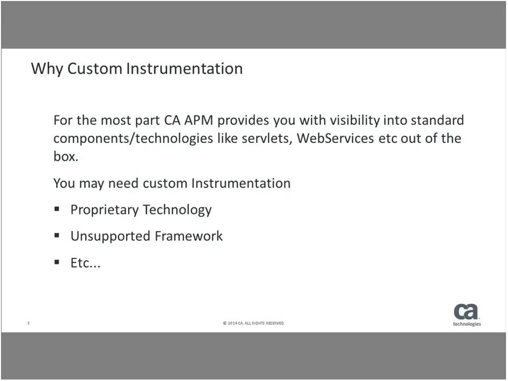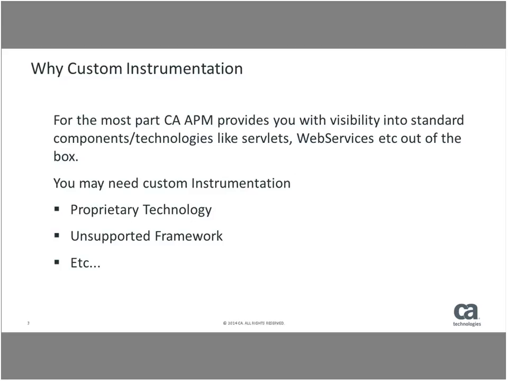All right, we'll jump into our first slide, which is why we need custom instrumentation. For the most part, CA APM provides you with visibility into standard technologies and components. When you deploy CA APM on your application servers, we instrument most components out of the box: servlets, EJBs, web services, things like that.